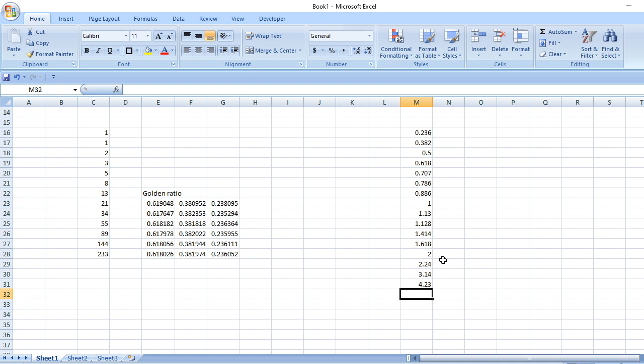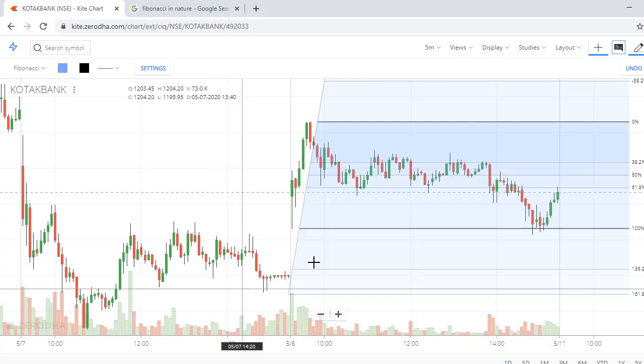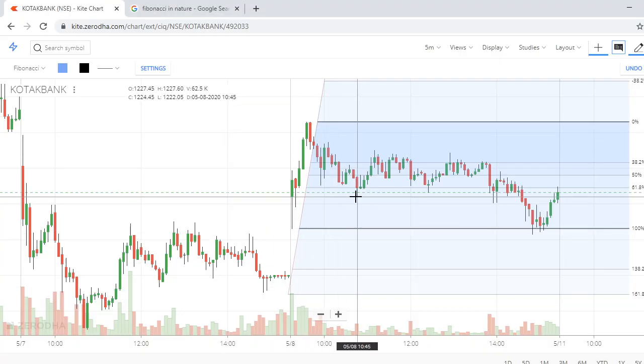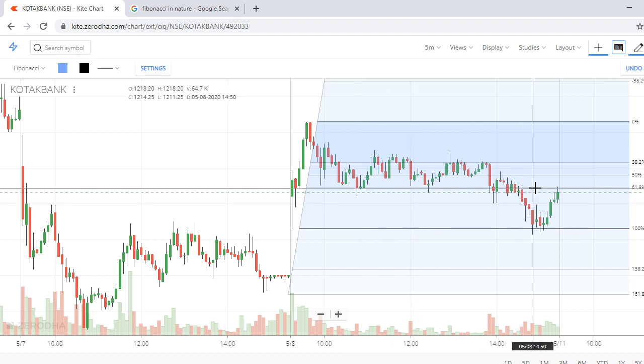In these Fibonacci ratios, the levels above are called retracements. Retracements means whenever the stock is going like this, in an uptrend, there may be a retracement to these levels, 0.618, 0.382, up to 0. This is how you can calculate.